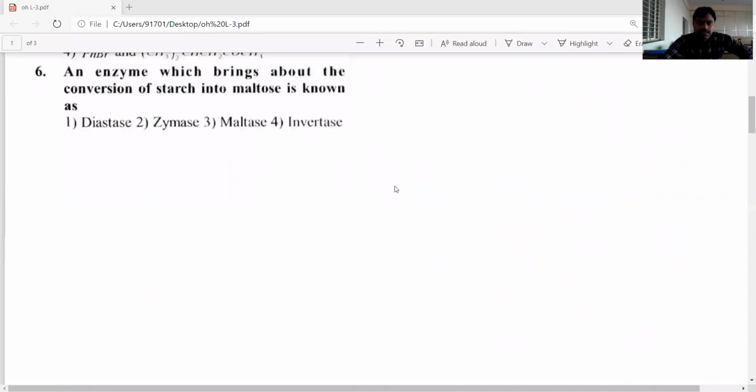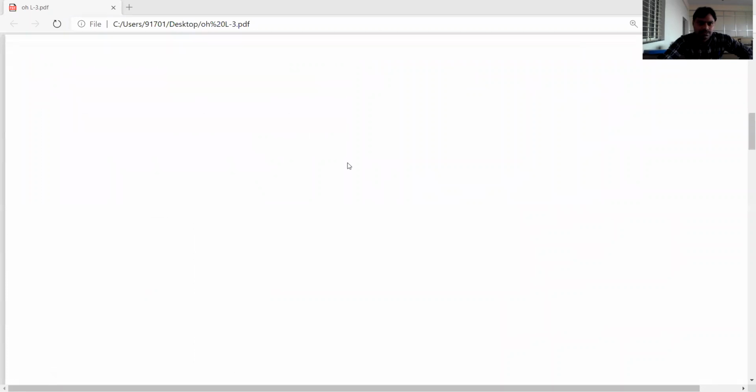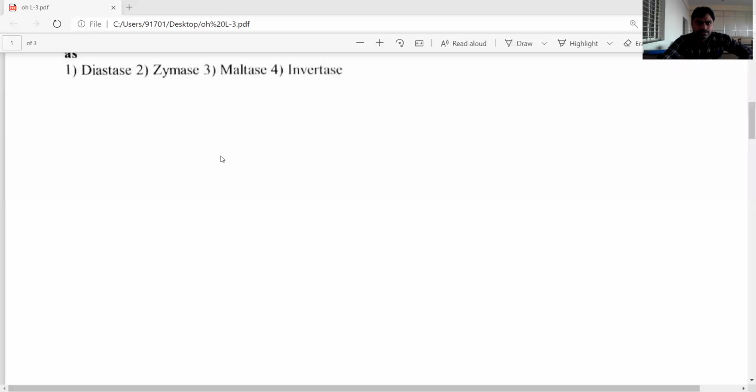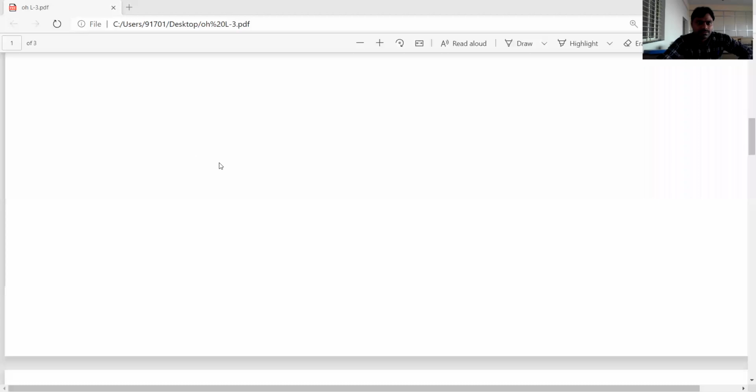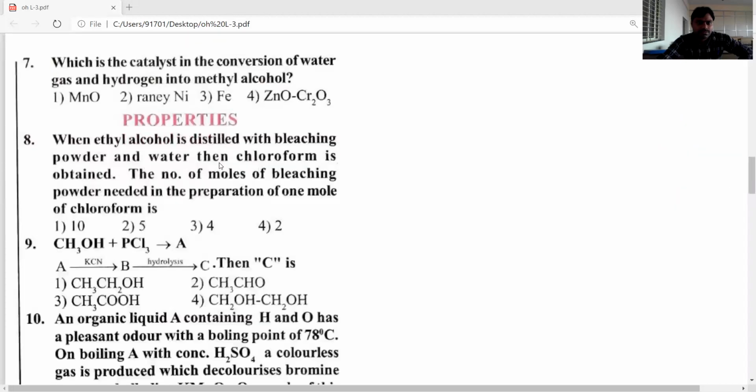Next, let's see the next question. Seventh question, dear students, it's very easy and important also. The catalyst used for the conversion of water gas and hydrogen into methyl alcohol. What is the water gas, dear students? Water gas composition we already studied in the first piece. CO, carbon monoxide plus H2 is called water gas.